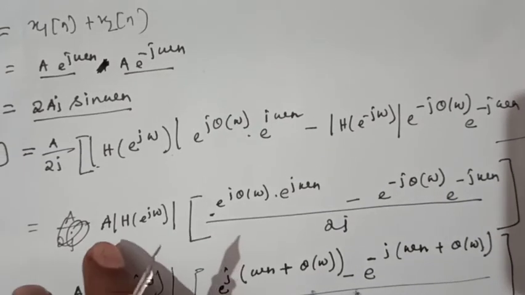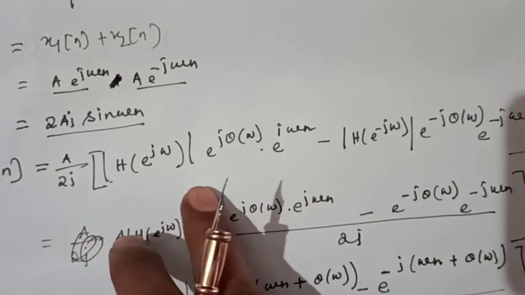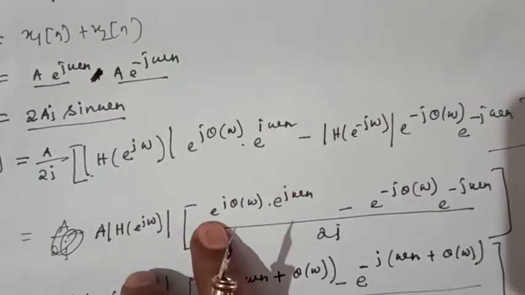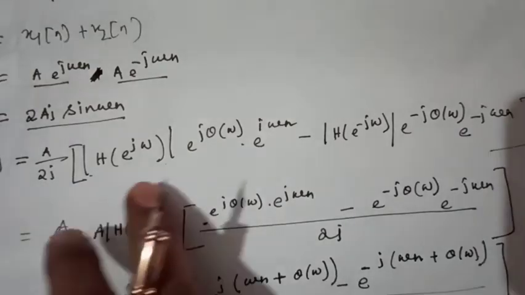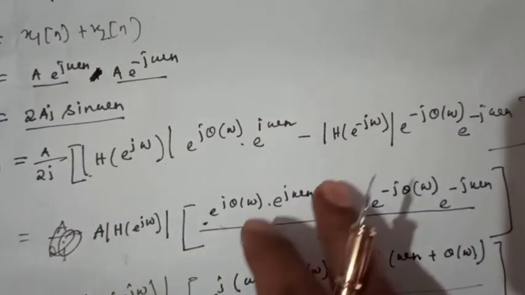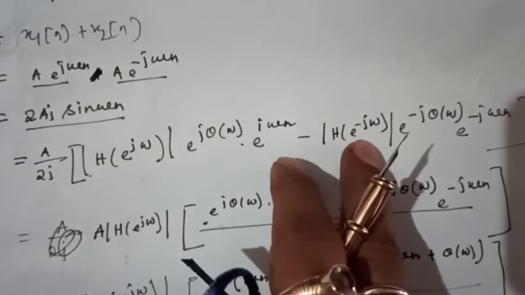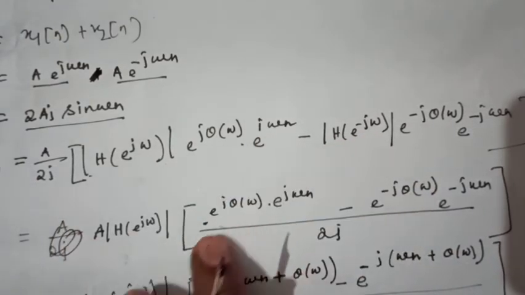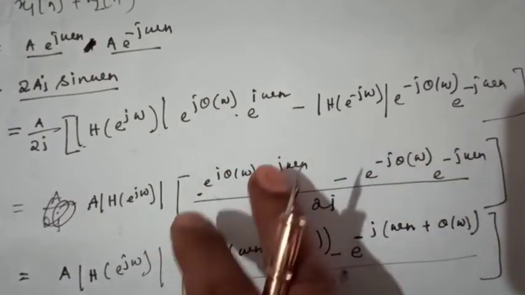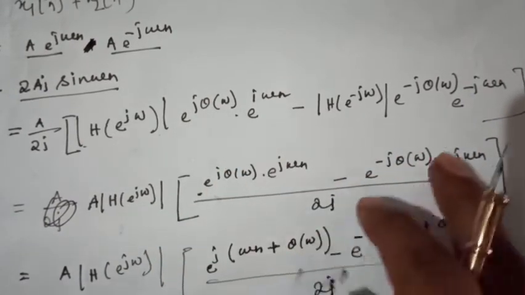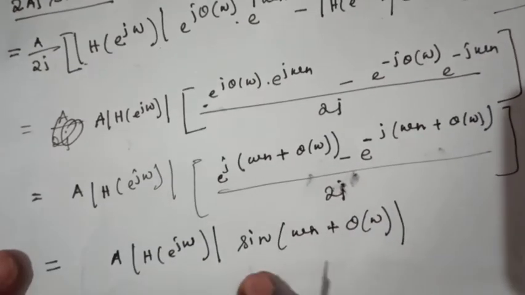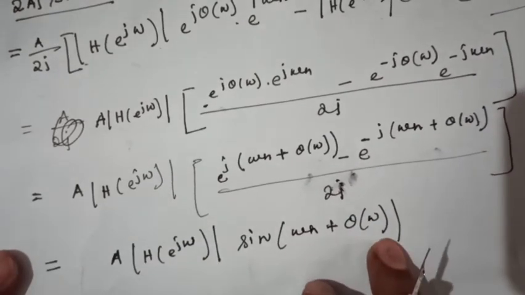Hope you understood this part. Then we make h of e to the power j omega common because they are the same, being even symmetric. What is left is sine of omega n plus theta omega.